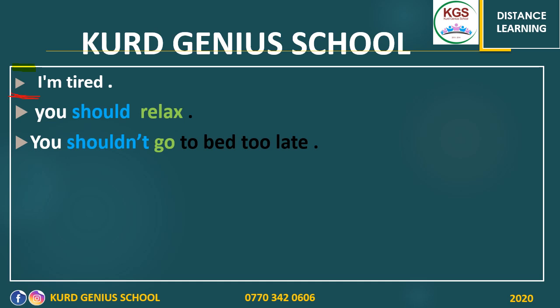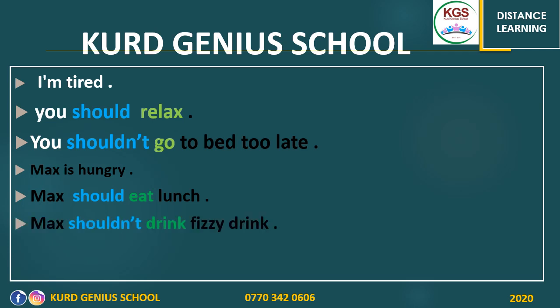Another one, we have Max and he has a problem. So Max is hungry. What is your advice? So we can say Max should eat lunch, or in a negative way you can just say Max shouldn't drink fizzy drink.